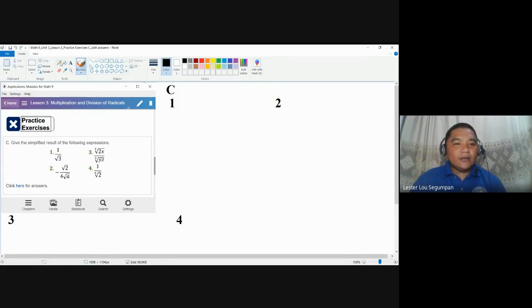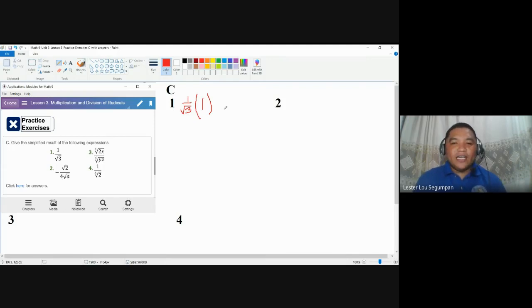Let us start by having number 1 as 1 over the square root of 3. Again, our goal here is to remove the radical expressions in the denominator. So to rationalize the denominator, we are just going to simply multiply the given by 1.